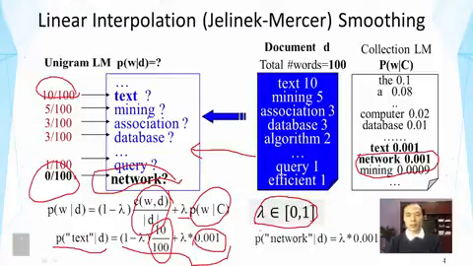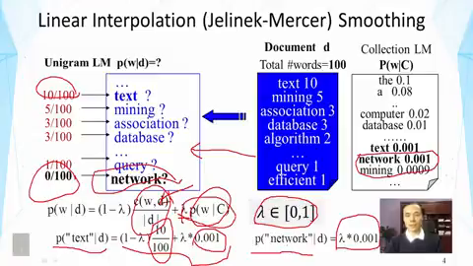We can also see the word network, which used to have a 0 probability, now is getting a non-zero probability of this value. And that's because the count is going to be 0 for network here, but this part is non-zero. And that's basically how this method works.